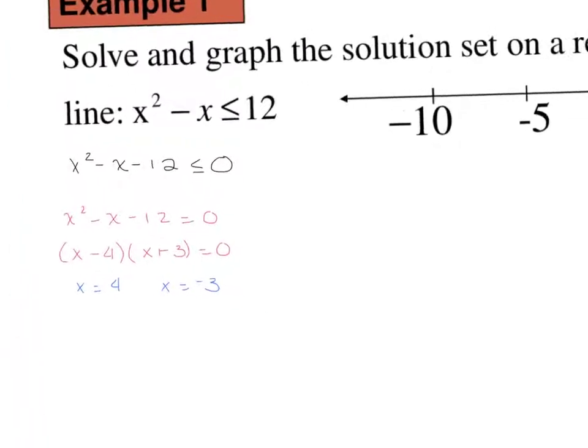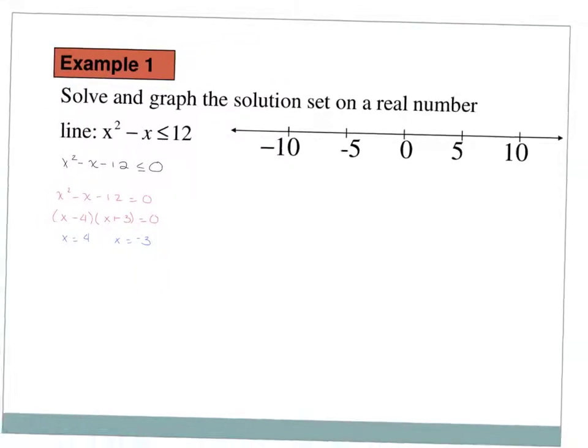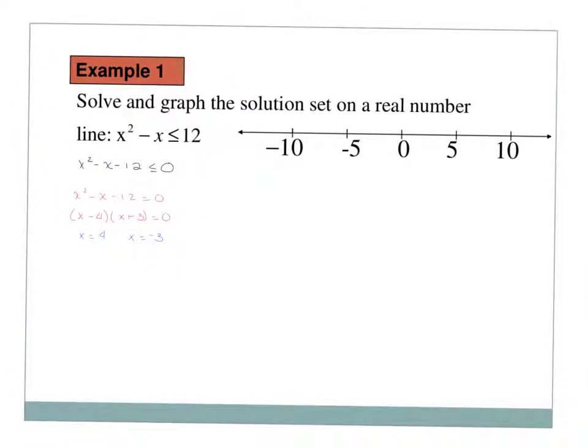Okay, so let's go ahead and plot those points. Are we allowed to equal these points according to the symbol on our given? Am I allowed to equal those solutions? Yes, I am. That's when you use closed circles. You have open circles if this had said less than, or greater than. So at 4 and negative 3, I'm going to put closed circles.